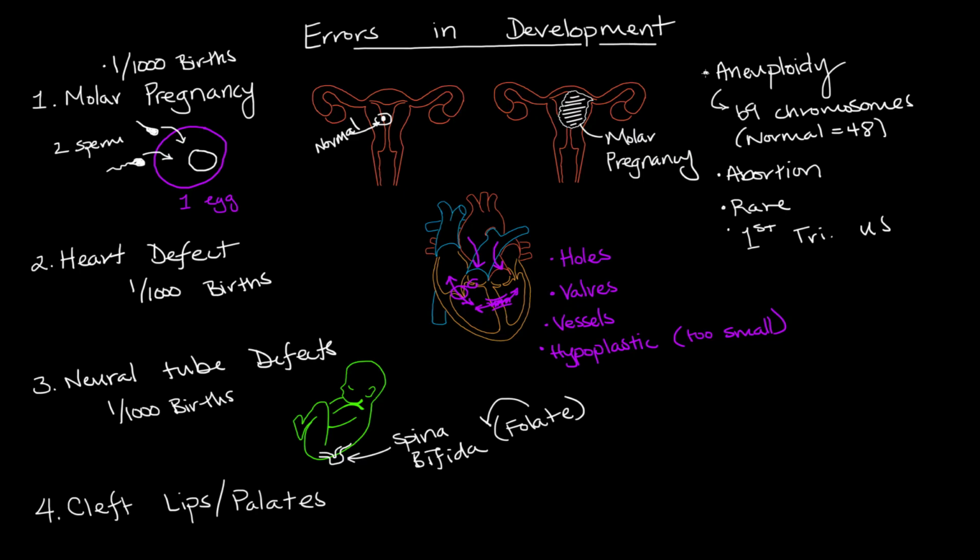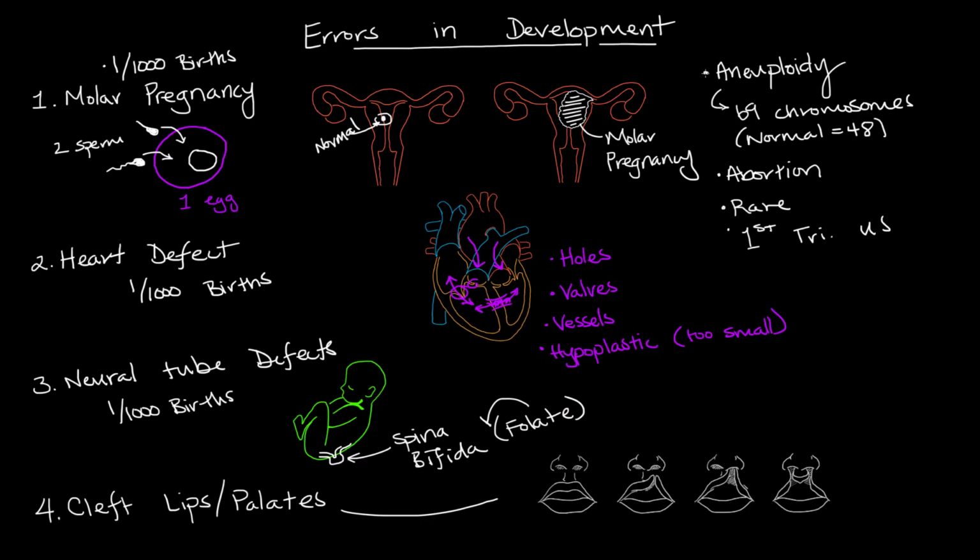So this is another semi-common error in development. So that's these here. And so we're looking at kind of a nose up here, and then the mouth down here. And just for reference, your palate is the roof of your mouth or the top of your mouth.